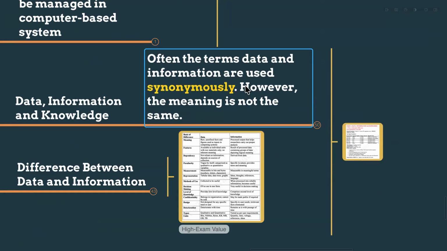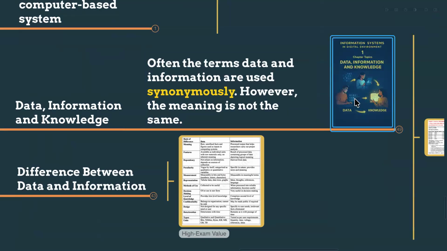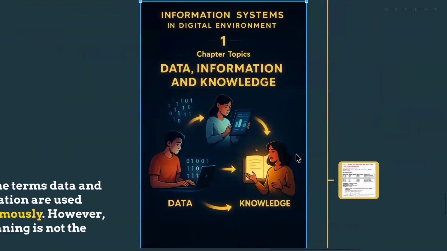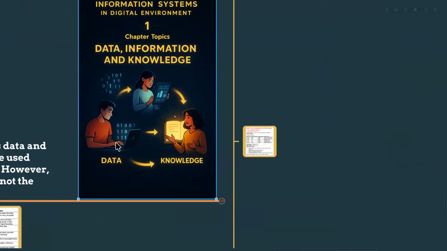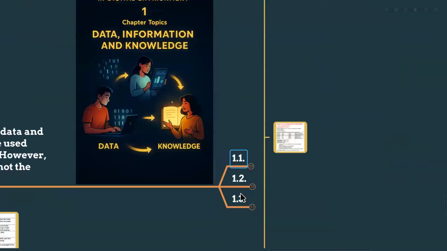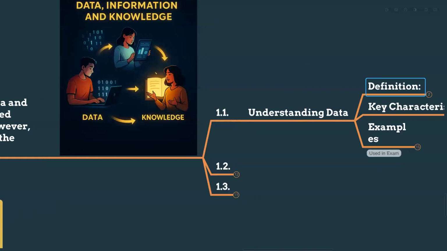Sometimes we say information, but actually it is data. Sometimes, in fact, it is data, but we say information. So we use them synonymously, but however, the meaning is not the same, because we are learning this as a subject. The meaning of data is something different from information as well as from knowledge. So, understanding data first.